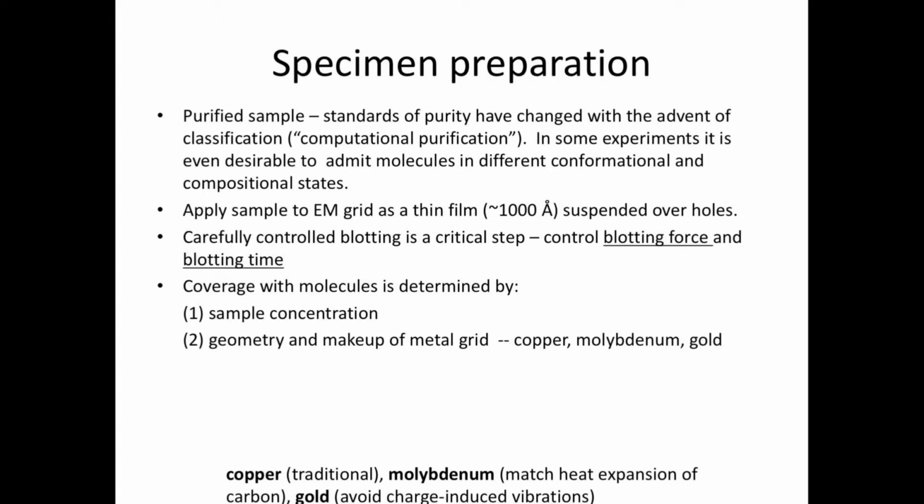Molybdenum was used for some time, or proposed, because its heat expansion is matched to carbon. And then gold, I'm going to have a couple of slides about this, has now been used to avoid charge-induced vibrations, and that has been a very major advancement.